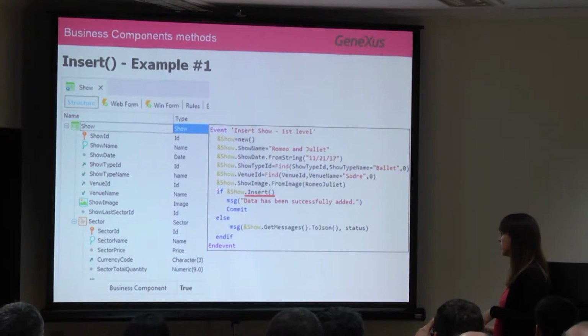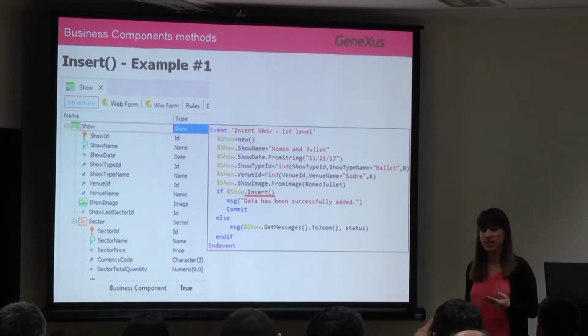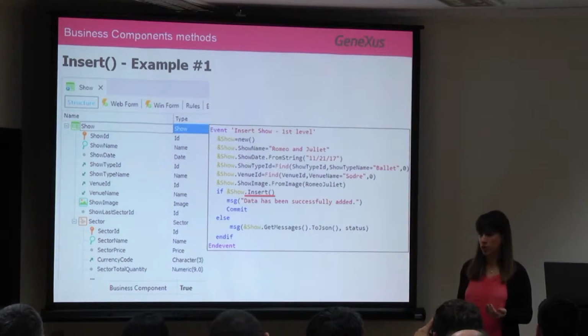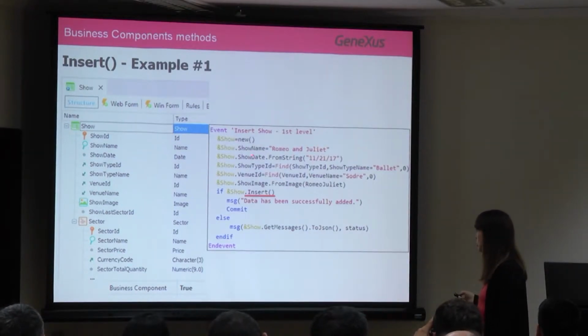So this is what we were used to doing, loading the attributes or properties of the business component and then applying the insert. I ask whether it was successful, I do commit, send the message, or otherwise I extract the messages and show them. This is valid.